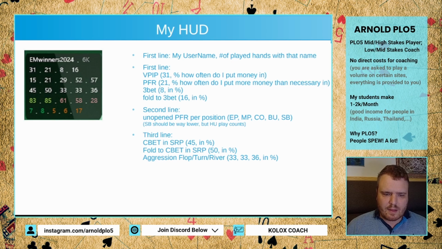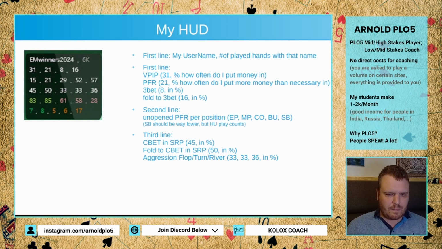And in the third line, I wrote 2 times first line, which is not true. Probably title line, first line, second line, third line. Then here at the second line are the unopened pre-flop raises per position.